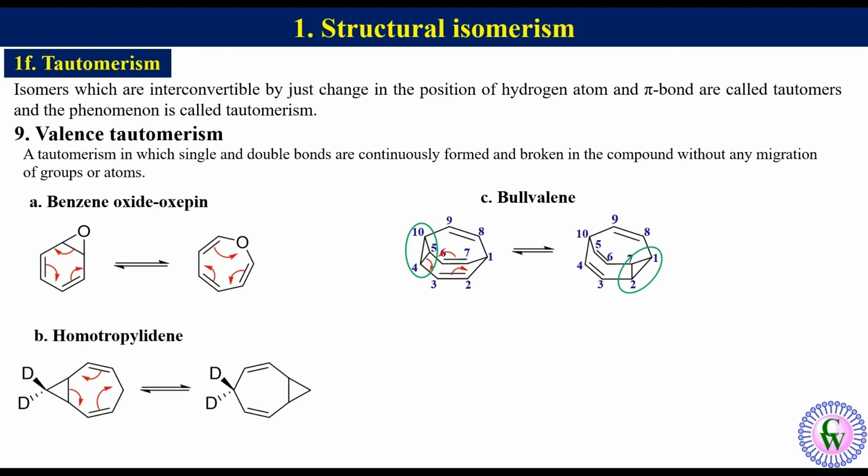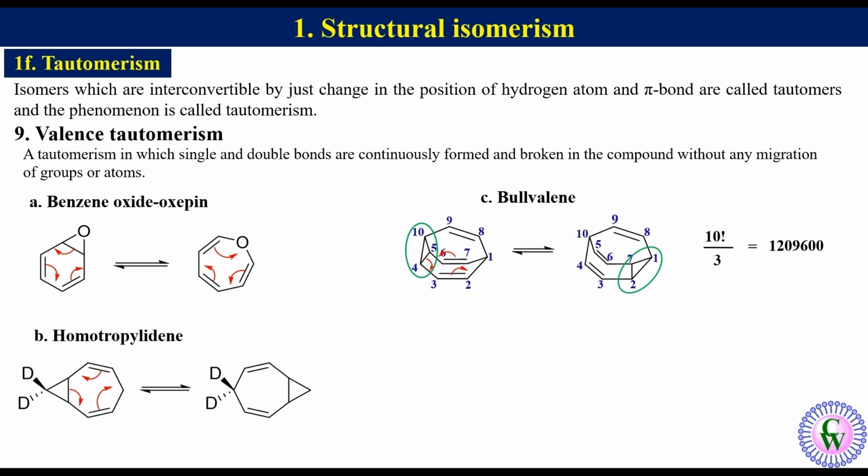So the number of valence tautomers in this case will be factorial 10 upon 3. That will be 1,209,600. Proton NMR of bullvalene at 10 degrees centigrade shows only one signal at 4.22 ppm, suggesting a fluxional nature of the molecule.